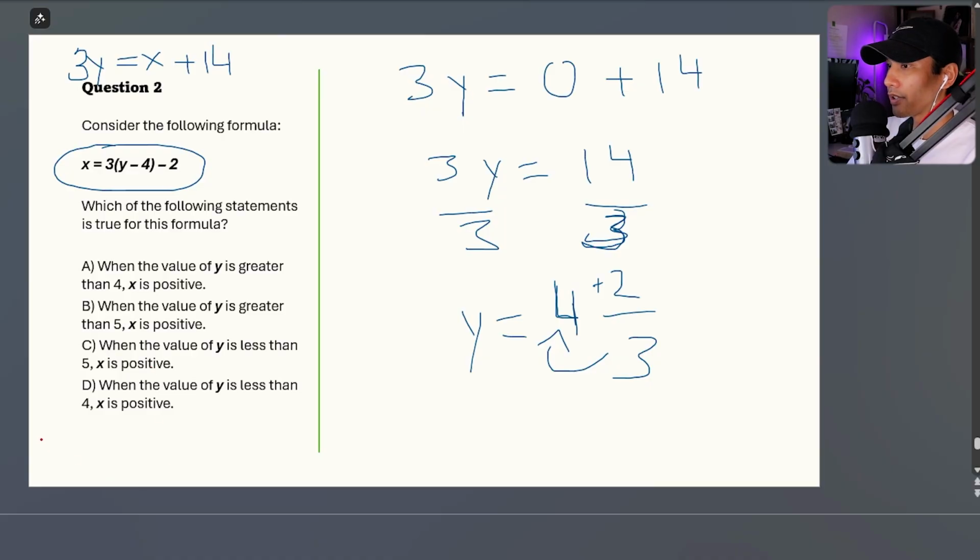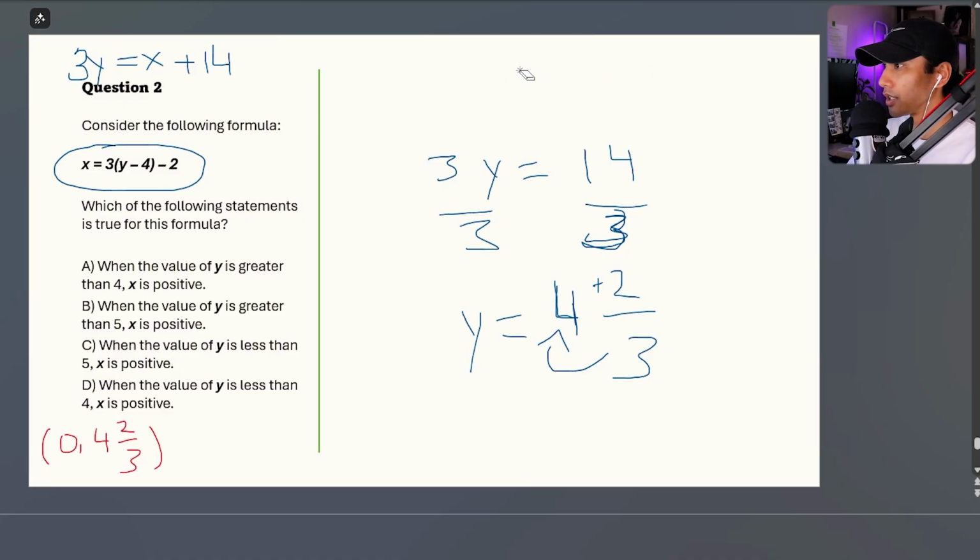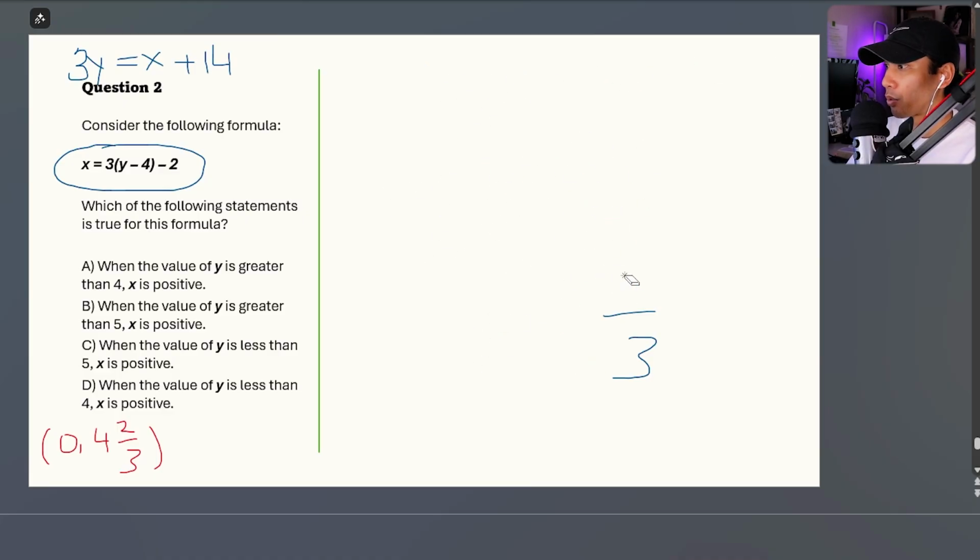Now for our y-intercept, we have (0, 4 2/3). Again, to get our y-intercept, all you need to do is set x to 0. Now to get our x-intercept, we're going to set y to 0.